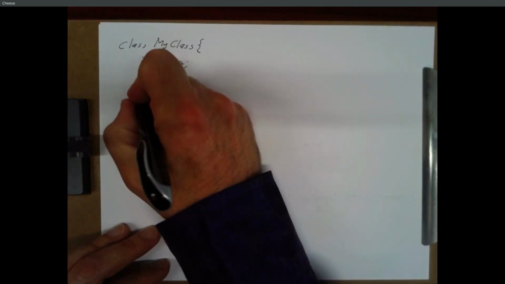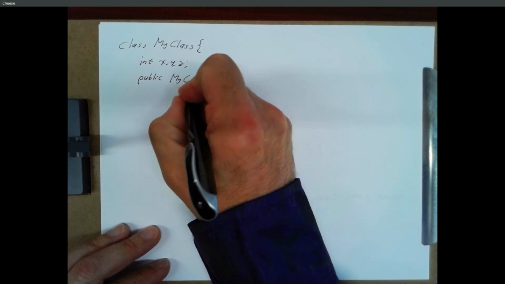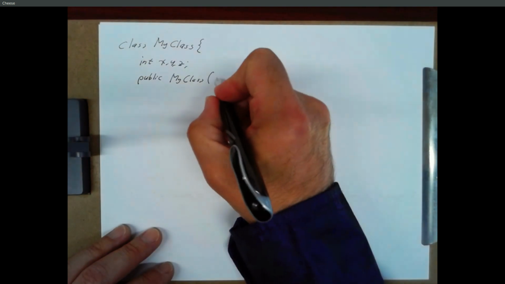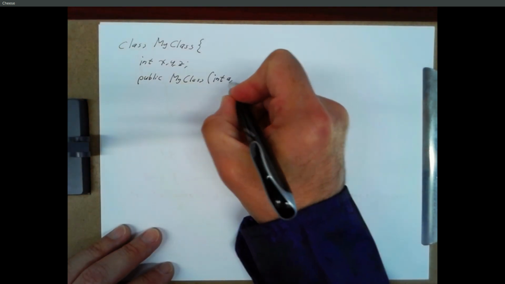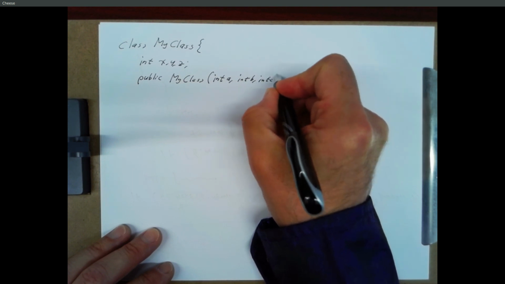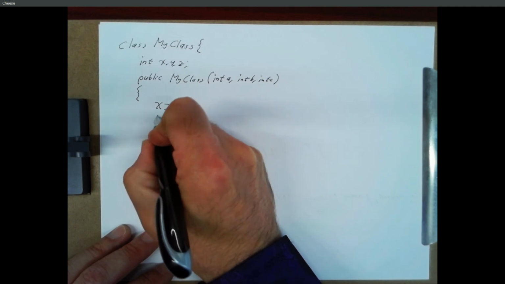All right, so we can construct with 3 values x, y, z. The constructor is public, does not return a type, has a name which is the same as the name of the class, and then in this case 3 arguments. And it's as simple as this.